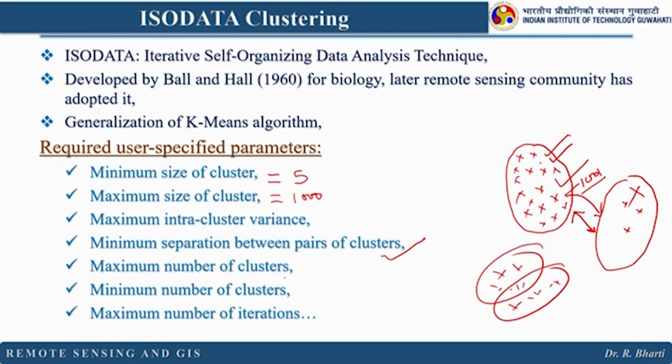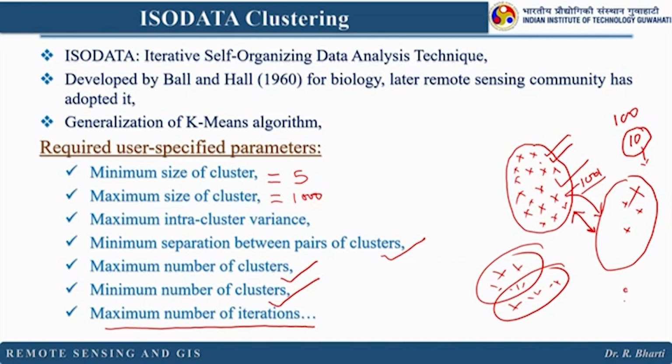Then obviously the maximum number of clusters and the minimum number of clusters. The maximum number of clusters may be 100, and the minimum may be 10. So at least the system will give you 10 classes at the end. That is the criteria. And then the maximum number of iterations. How many iterations should it run?